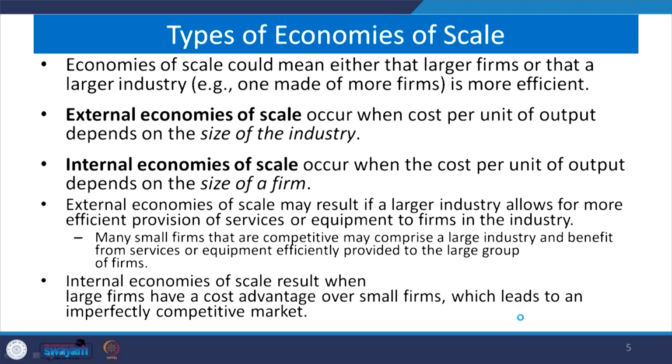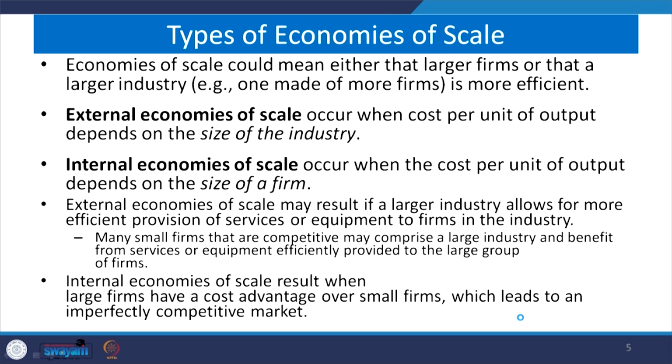Now, there are other ways by which economies are added, through external channels or through internal channels. External economies of scale are defined as the cost per unit of output changing depending on the size of the industry.